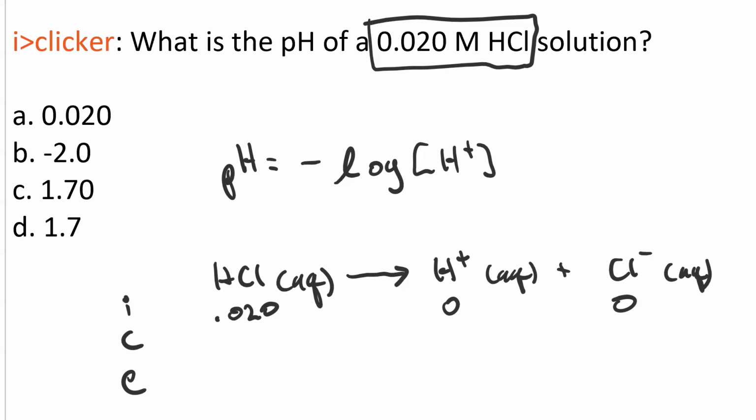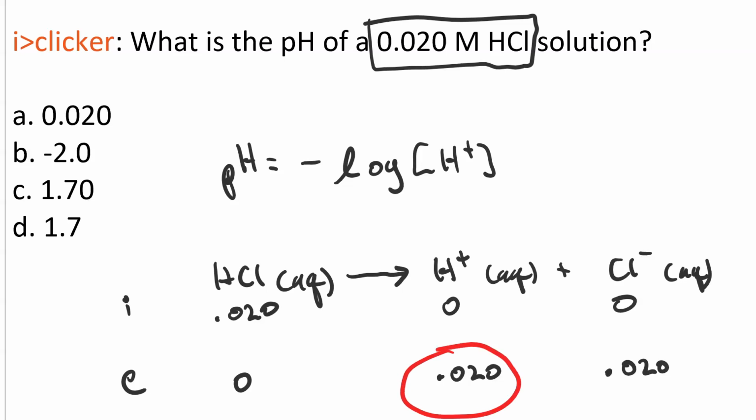And since this is a strong acid solution, at equilibrium, the concentration of HCl is going to be 0, and the concentration of H plus will be 0.020, and the concentration of Cl minus will be 0.020. In other words, it's 100% ionized. This is the value that you're going to plug into your pH equation. Pause and work it.